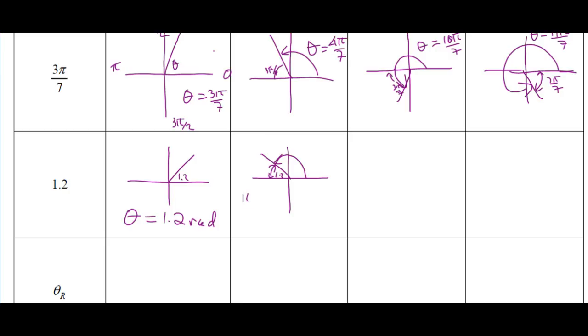So this angle is pi minus 1.2. And to the nearest tenth, it's 1.9 radians. So about 1.9. So here's 1.2 here. So what's my rotation angle? Pi plus 1.2, which is 4.3, approximately.